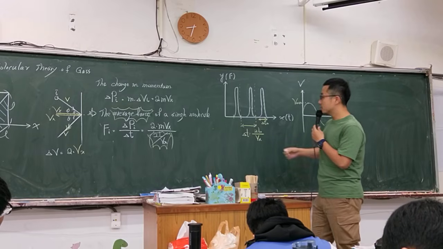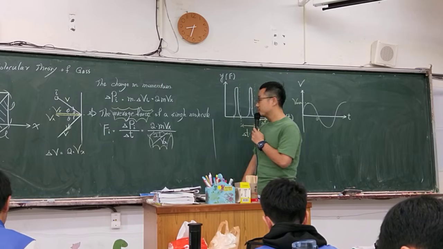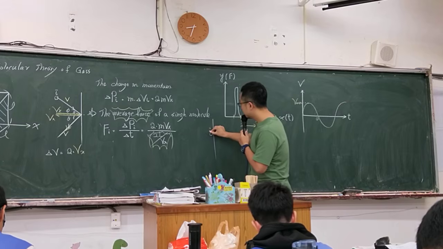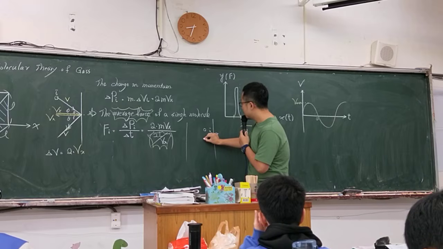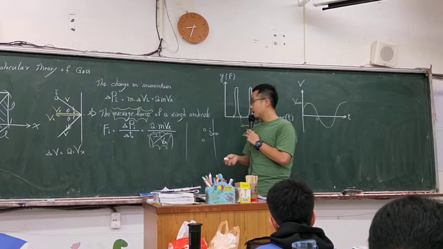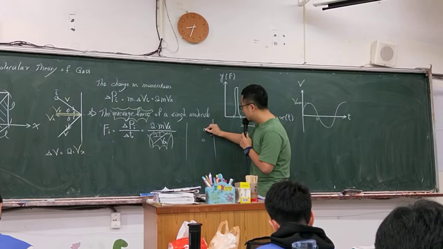I'll draw you a picture to understand. This is the wall on the right-hand side. When the number one particle hits the wall, the particles right behind it will be the next ones, and the latest one is the nearby particle.